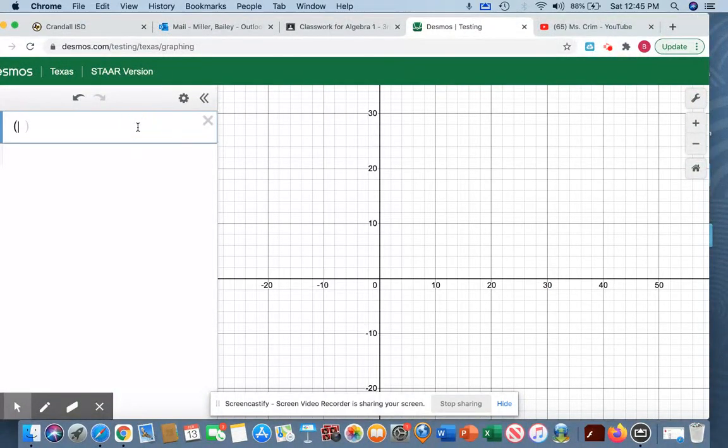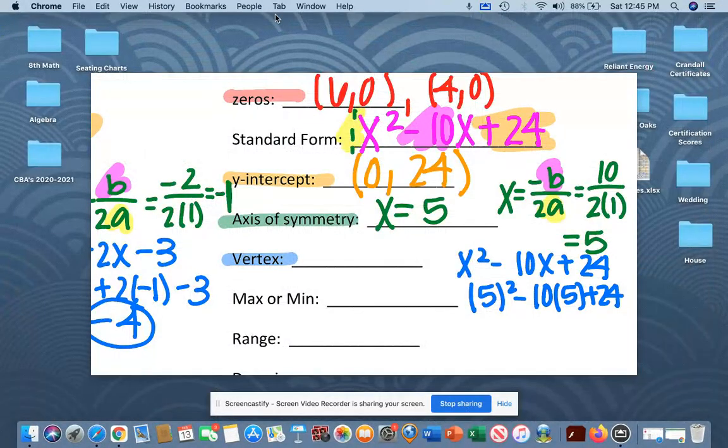So I'm left with 5 squared minus 10 times 5 plus 24, and I end up with -1. So for my vertex, I've got 5, again I'm getting that from here, comma -1. I'm getting that from here.